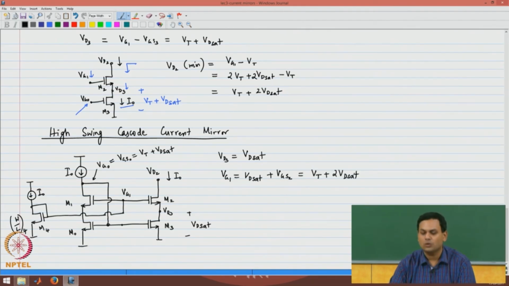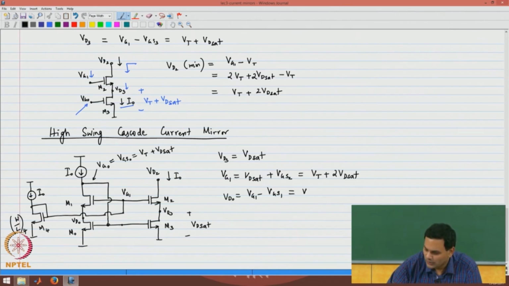Note that Vgs2 is Vt plus Vd sat. And if this happens, the drain of M0, which I will call Vd0, will be equal to Vg1 minus Vgs1, and that will also be biased at a drain voltage of Vd sat.